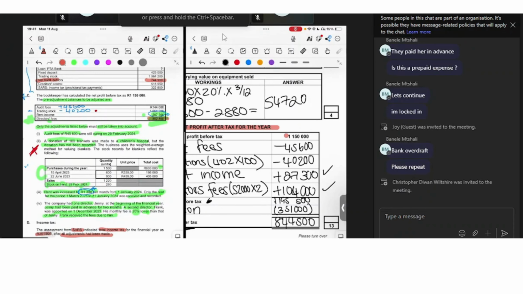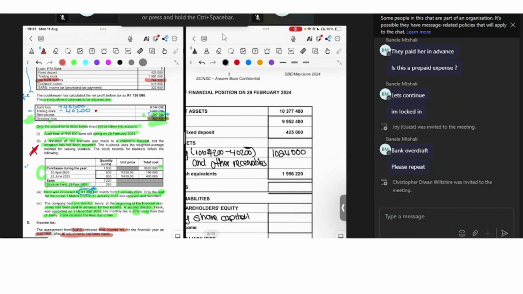We are taking our net trade debtors of 744,900 plus our accrued income of 27,300 plus our prepaid expense of 104,000. And that will give us trade and other receivables of 876,200. Then now we can calculate what our total is for current assets.